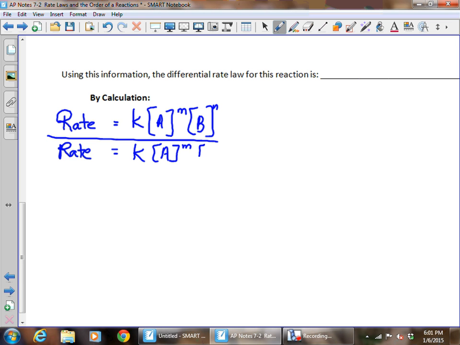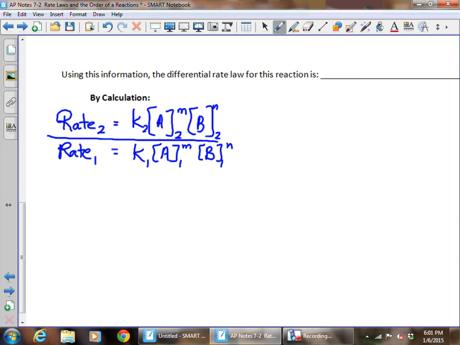In order to make these different from each other, we're simply going to put ones for our first reaction and twos for our second reaction or second experiment. So experiment 2 is going to be on top, experiment 1 on bottom.